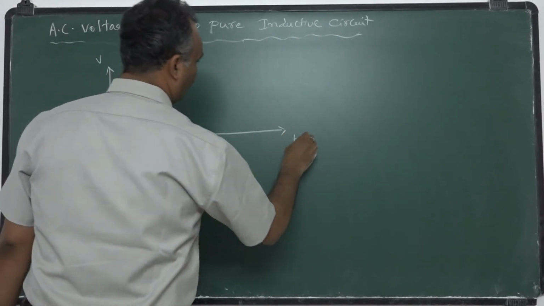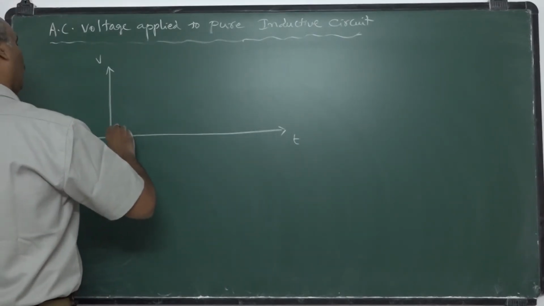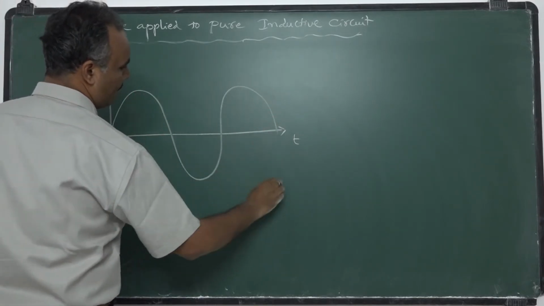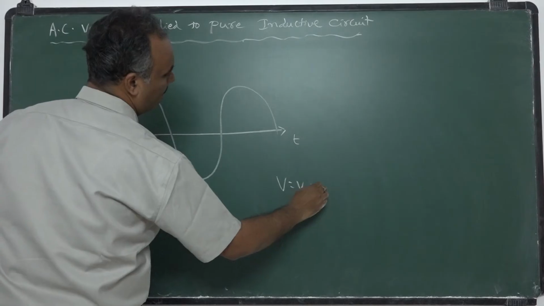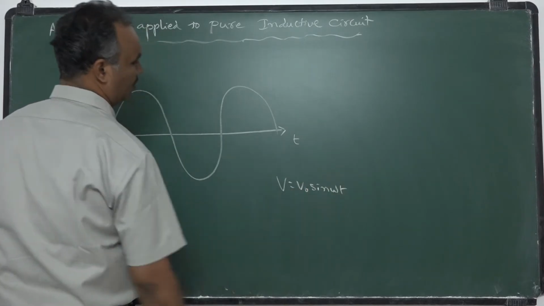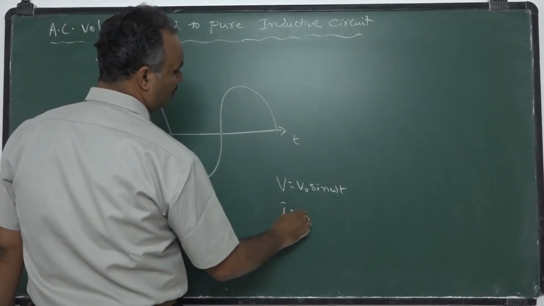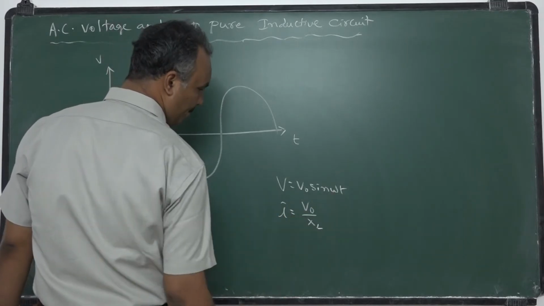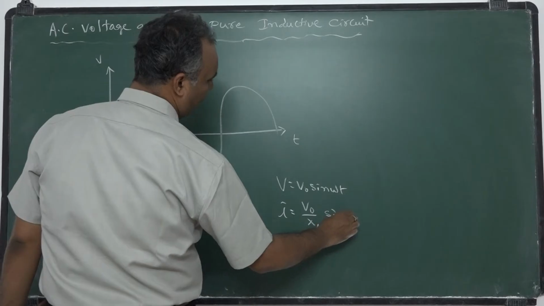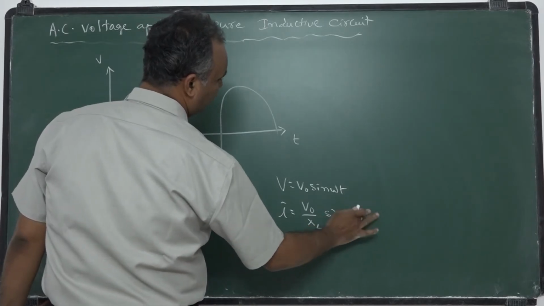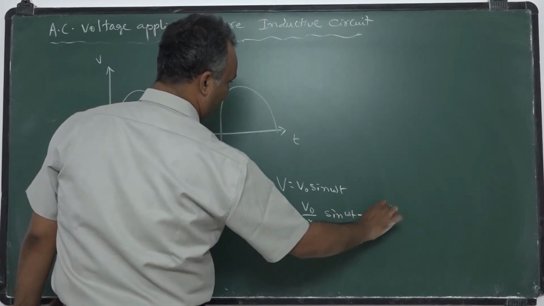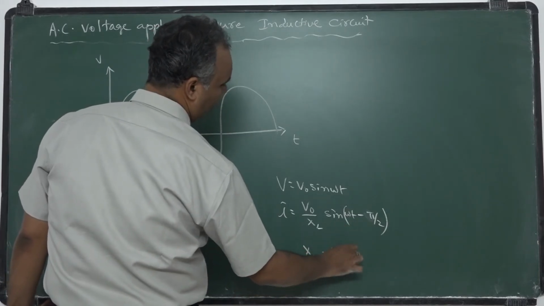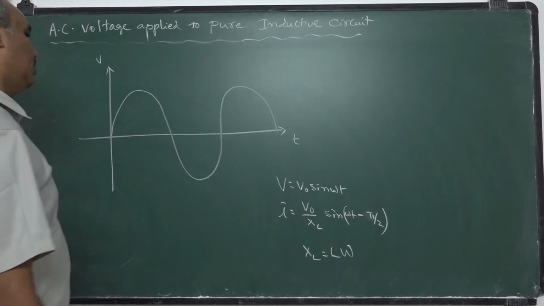Voltage and time, if I take the graph, V is equal to V0 sin omega t, it is like this. Then the current value is given by V0 by XL sin (omega t minus pi by 2). Here XL is L omega, called inductive reactance.